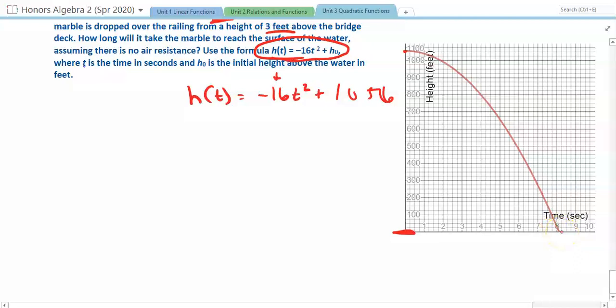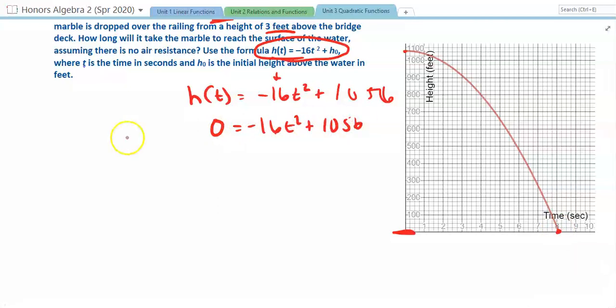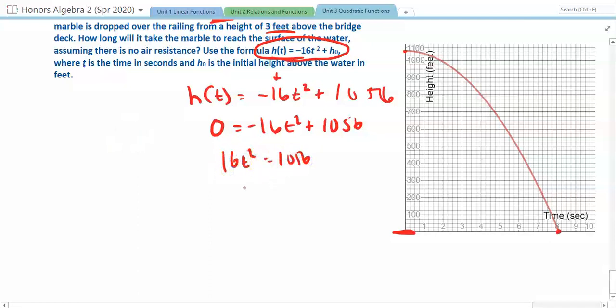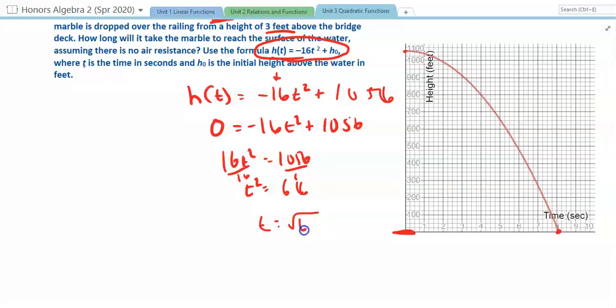Now, we could go to our graphing calculator and calculate the zeros and figure out what this exact point is. Or we could, of course, solve this by hand by plugging in 0 into here, which is what I'm going to do to get this answer really quickly. So I'm going to get 16t² = 1,056. We'll divide by 16 on both sides. This is 66. And then we're going to take the square root of both sides, and so t is equal to the square root of 66.